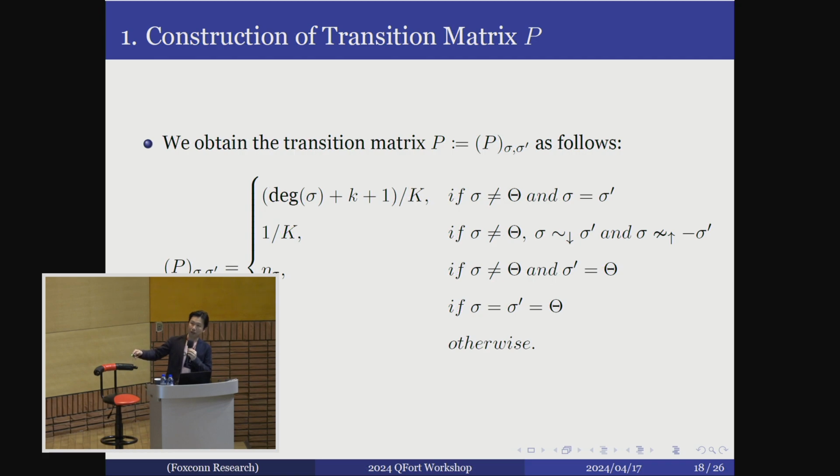This is the transition matrix resulting from our definitions. Some of the terms that I did not mention: for example, this theta is called the absorption state. When you reach this state, it won't go out, so the transition probability is always 1, in case of the normalization terms.